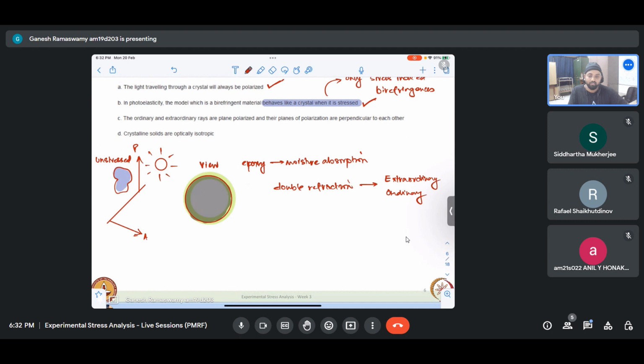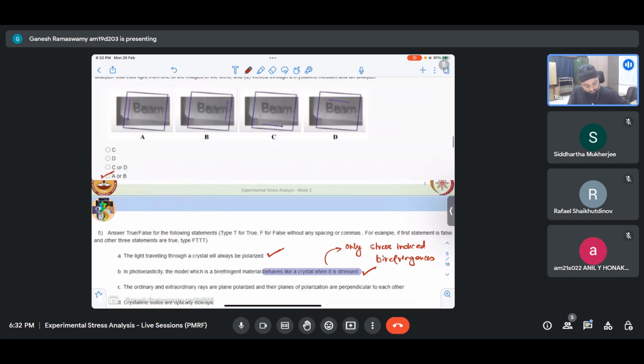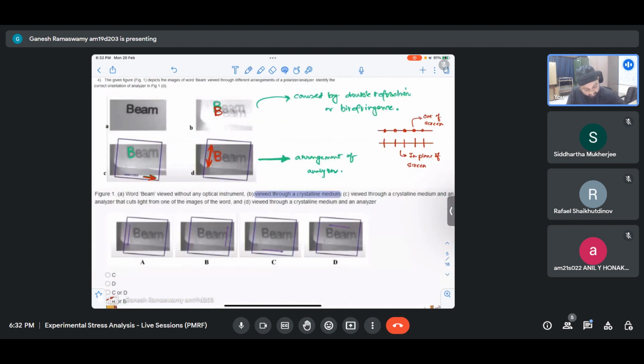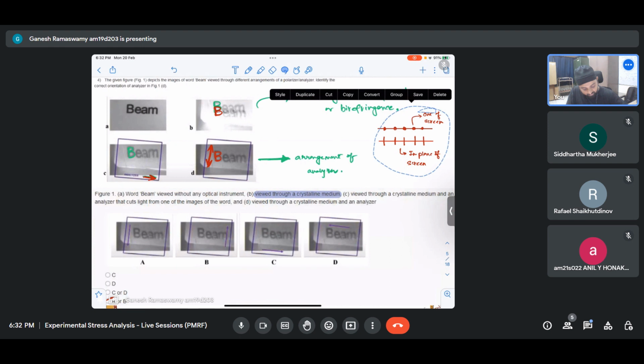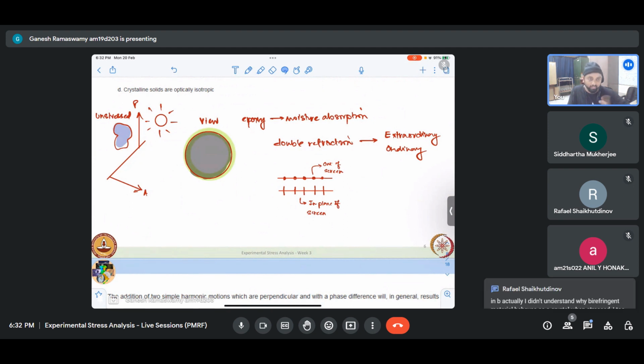It is measured, and it is a fact that both of these are plane polarized and they are invariably perpendicular to each other. So the planes of polarization of these two are perpendicular. So if we were to have, this is the representation. If we see double refraction, the single light ray that was unpolarized will get bipolarized.